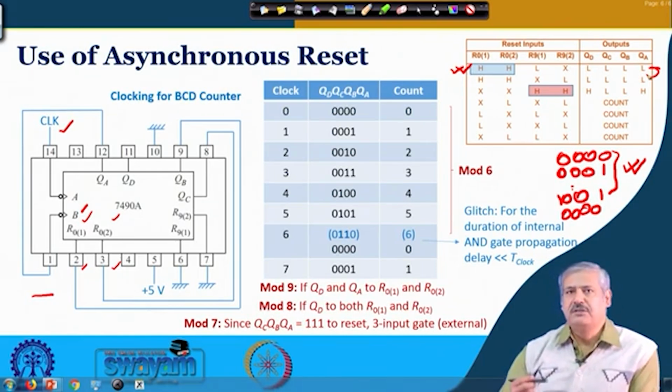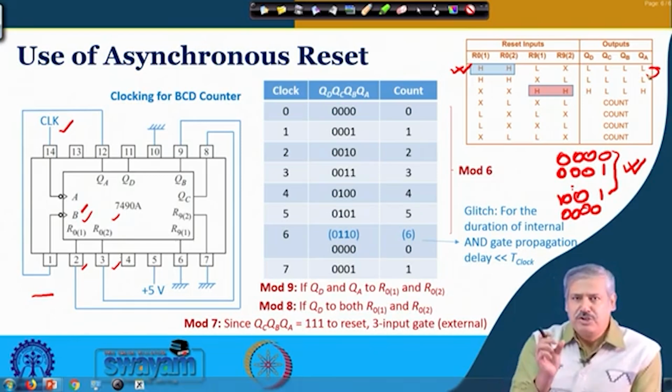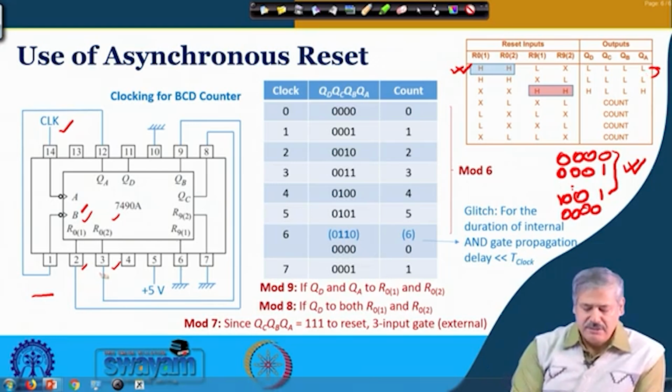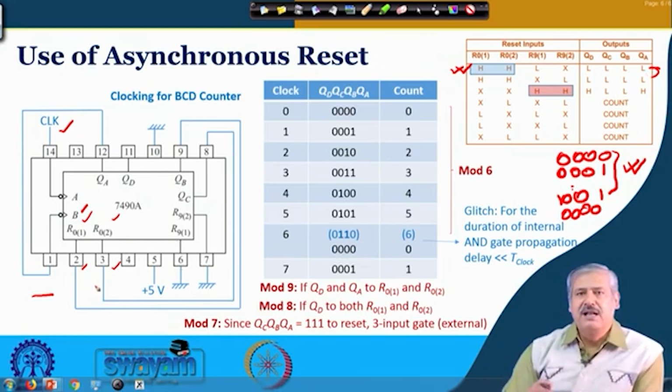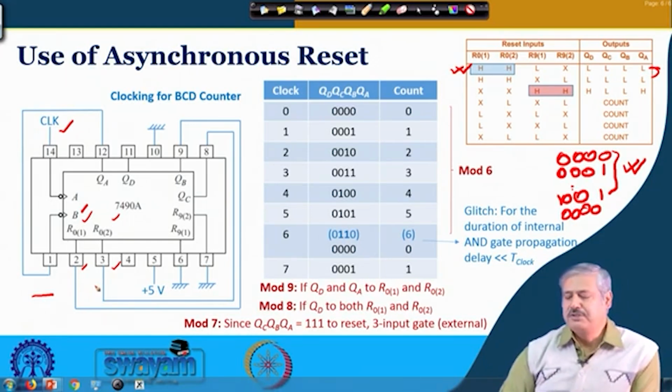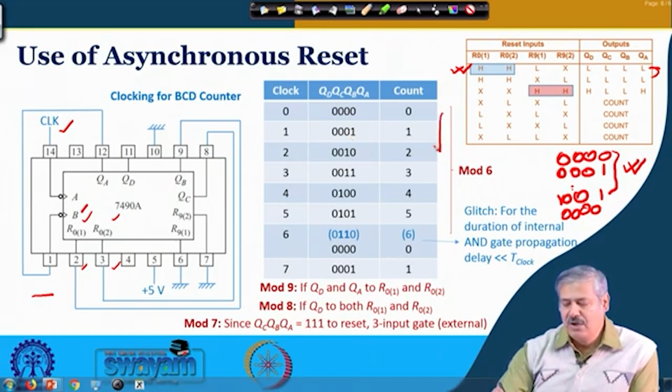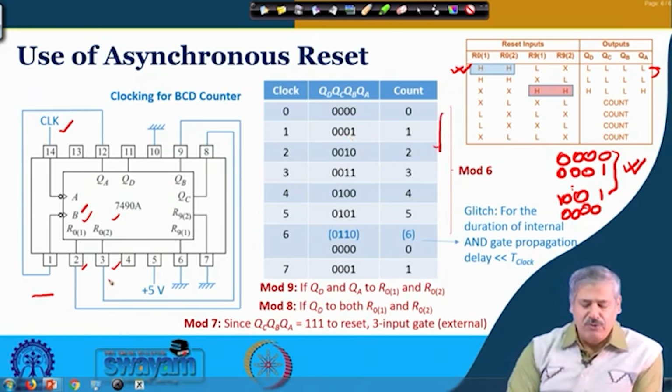So, the counter holds some value for a very short duration, and then it goes to 0 0 0 0. With the count going 0 0 0 0, 0 0 0 1 and so on, what is the first instance when these two become 1 1?